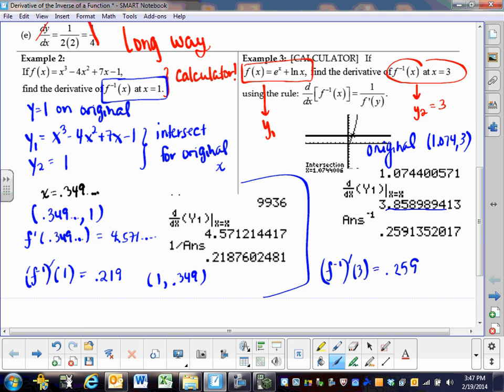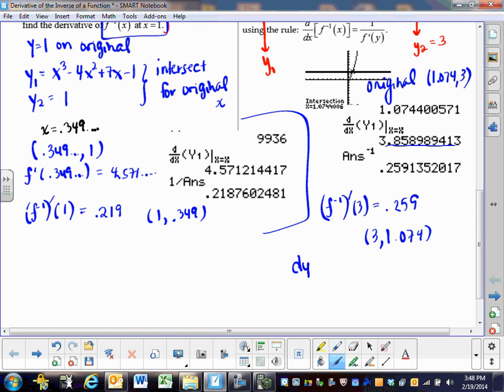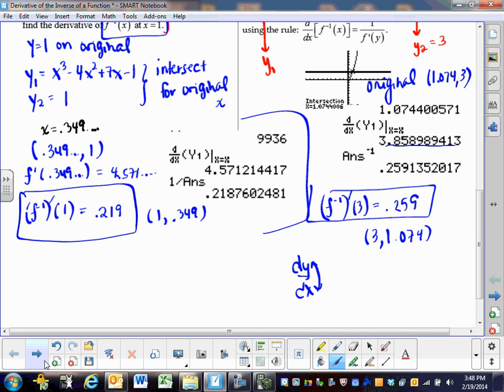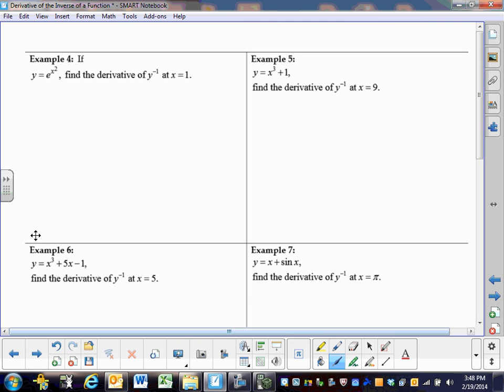So notation-wise, this means that the inverse function derivative at 3 is 0.259. So geometrically, the original function has the point 1.074, 3 and a slope of 3.859.